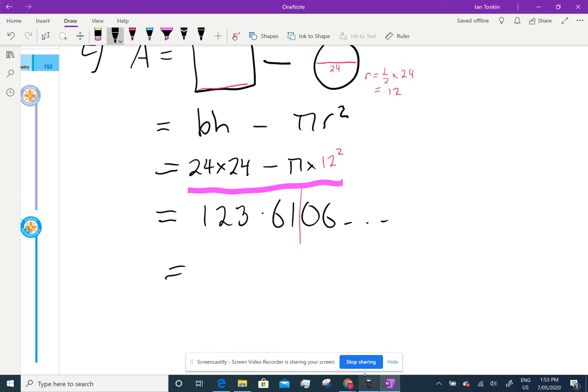So, equals 123.61. Is the number behind the red line 5 or more? No, leave it alone. And it was in kilometres, so in kilometre squares.